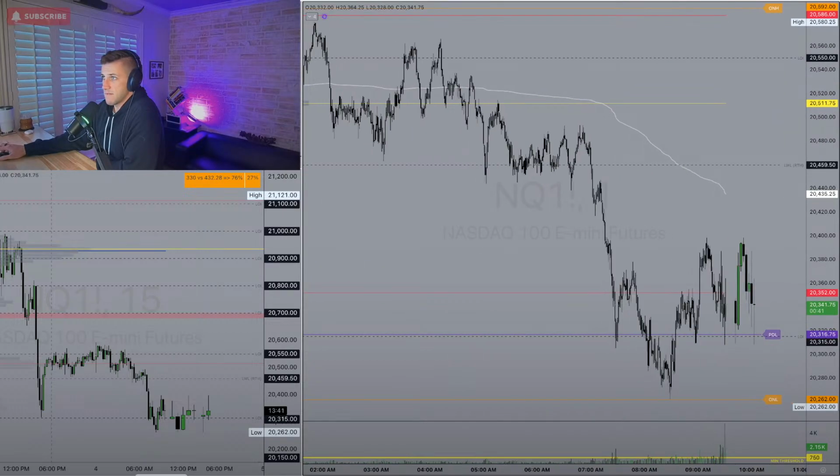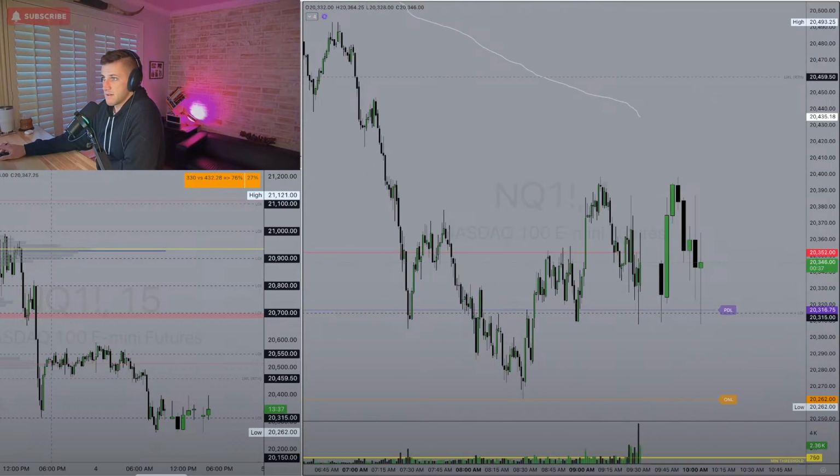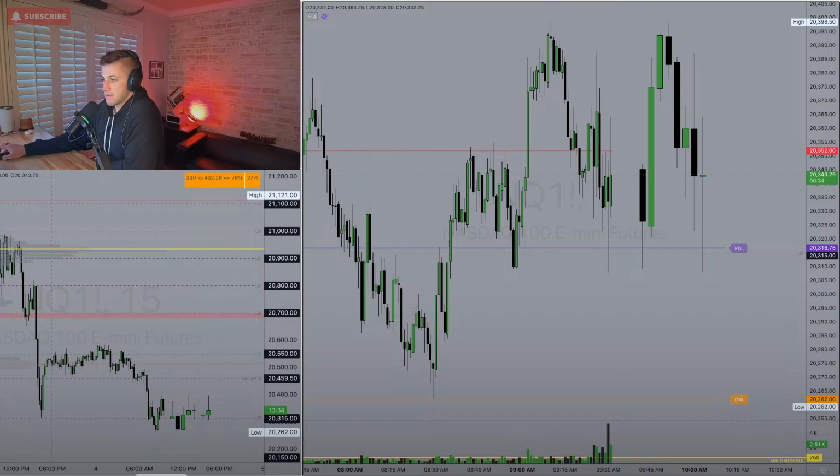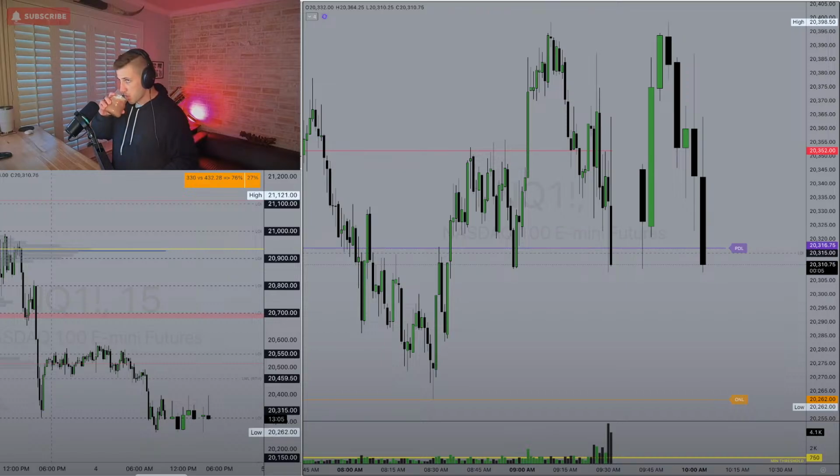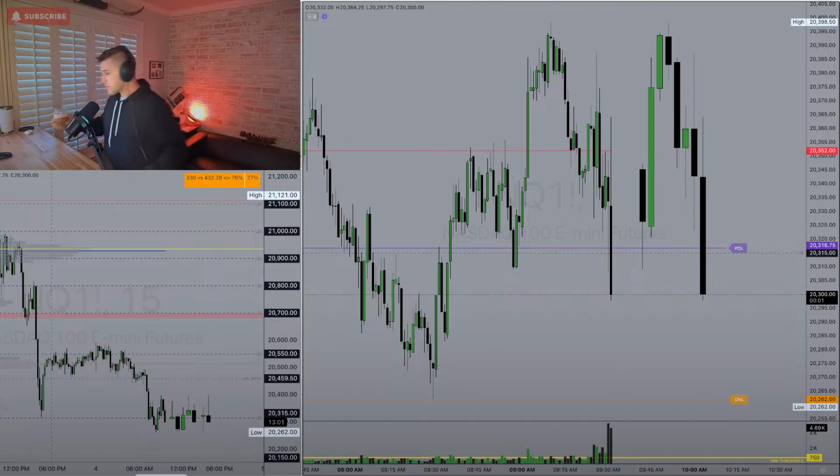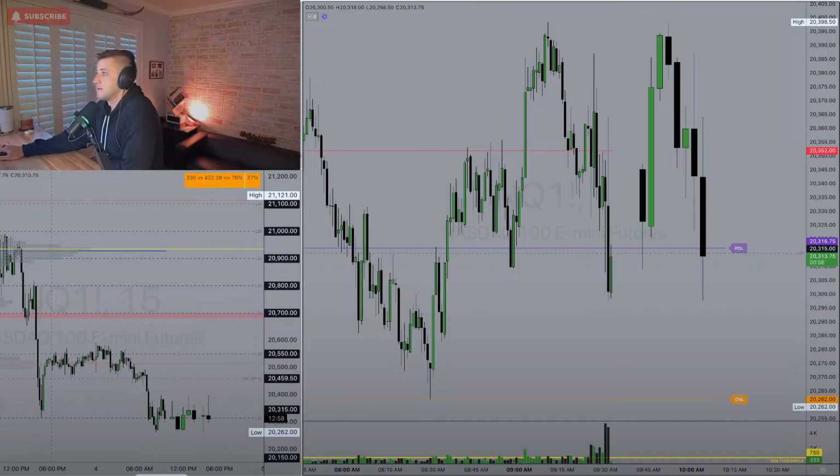Where's our volume point of control? Way up there at 511. VWAP way up there at 435. Into 300 session lows there for NASDAQ.